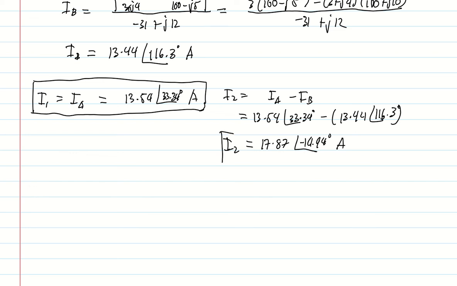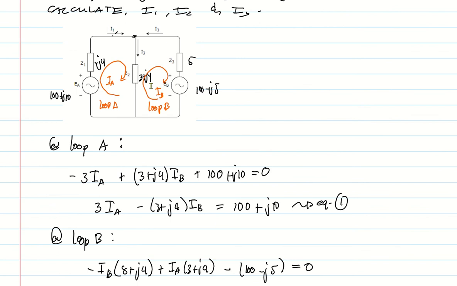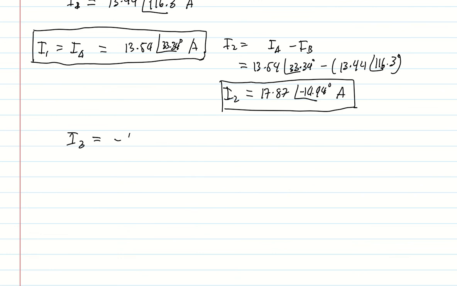And lastly, for I3, it's the opposite direction of IB. So it's equal to negative IB. Our IB is 13.44 angle 116.3.